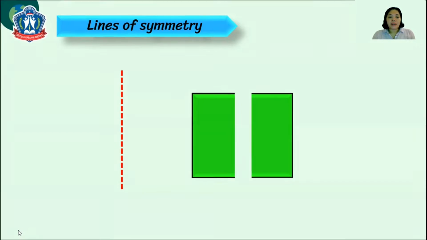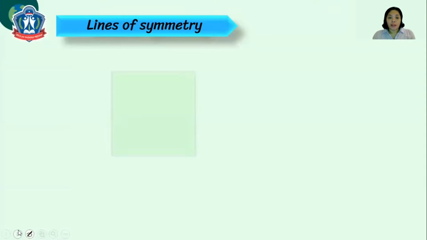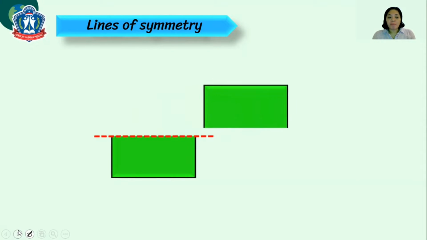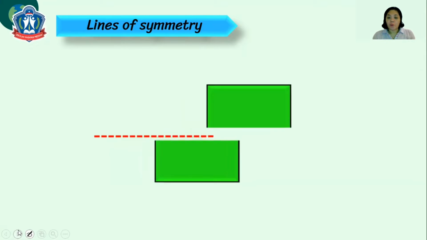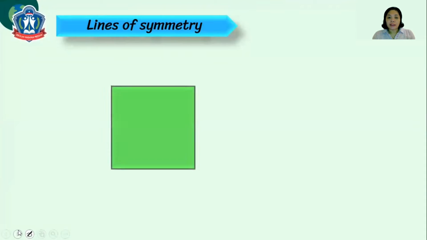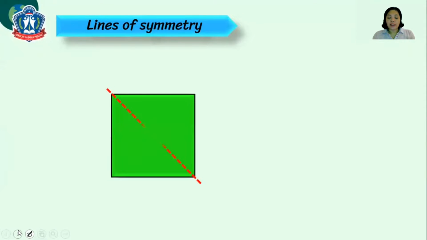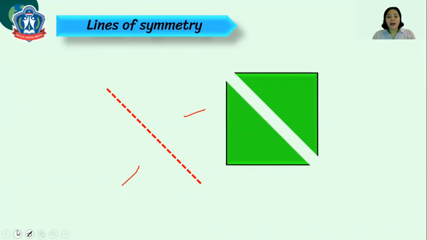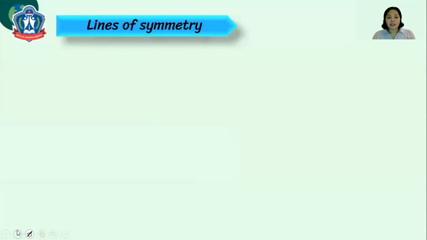For example, how about if we cut this square this way? The upper part is also the mirror image of the lower part. How about if we cut this square diagonally? As you observe, this part is also the mirror image of the other part. How about if we cut it diagonally on the other side?